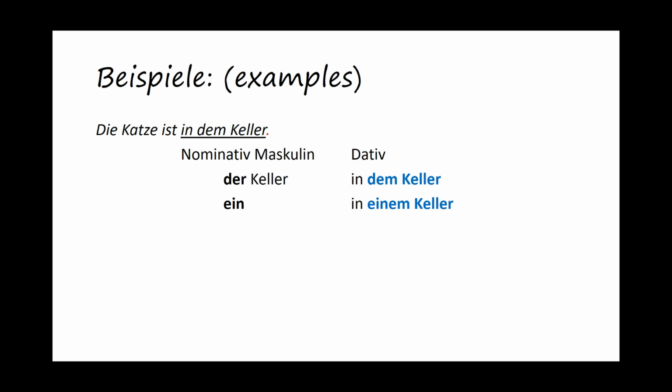And indeed it's a masculine word here, der Keller. So in the cellar is in dem Keller. In a cellar would be in einem Keller. And here's one tip that you need to take on board: pretty much always when you see this written in German or spoken, it gets shortened from in dem to im. So that sentence would be Die Katze ist im Keller.